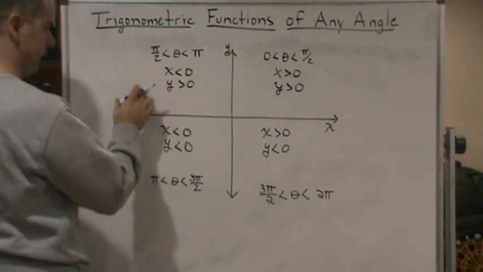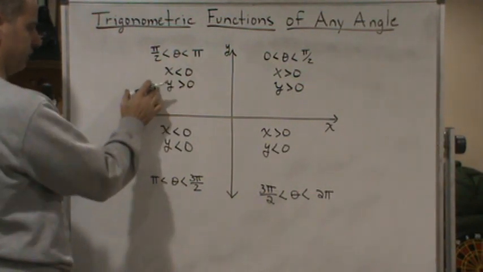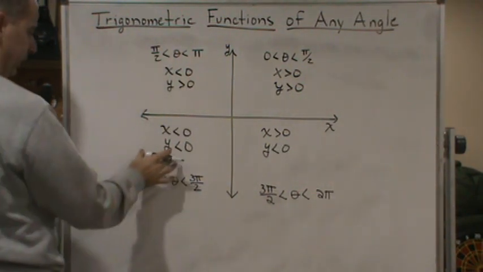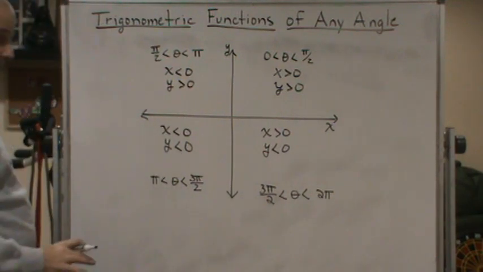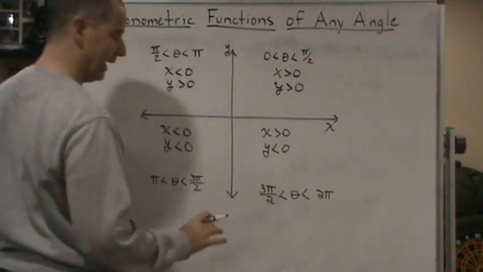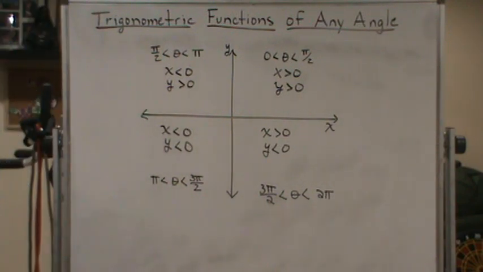In the second quadrant, x is negative and y is positive. In the third quadrant, both x and y are negative. In the fourth quadrant, x is positive and y is negative.